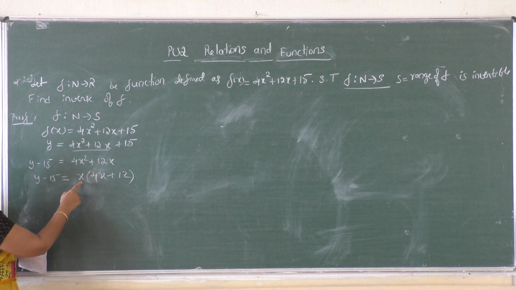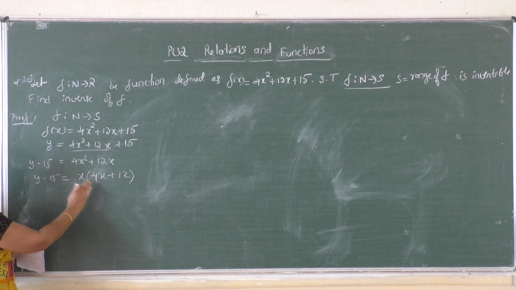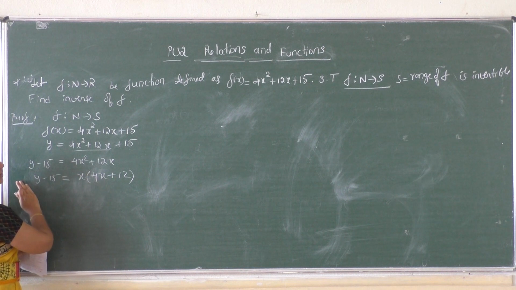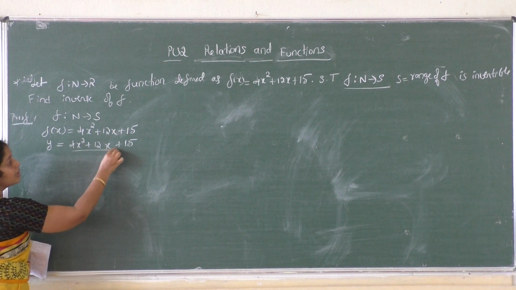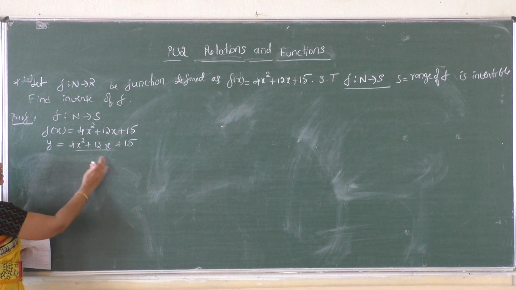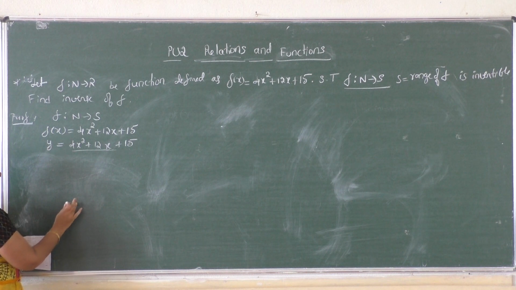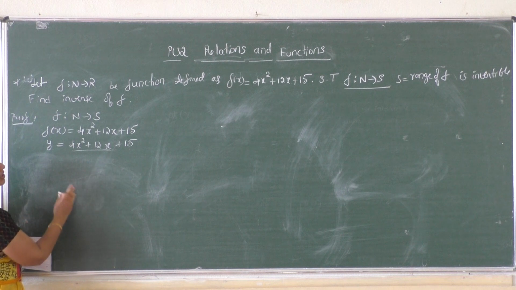We can't write x equal to this, because still in the expression we have x and y. That is not the way to write. Therefore, for x equal to, the right side must be an expression in y only. So one side must be x equal to, the other side y.